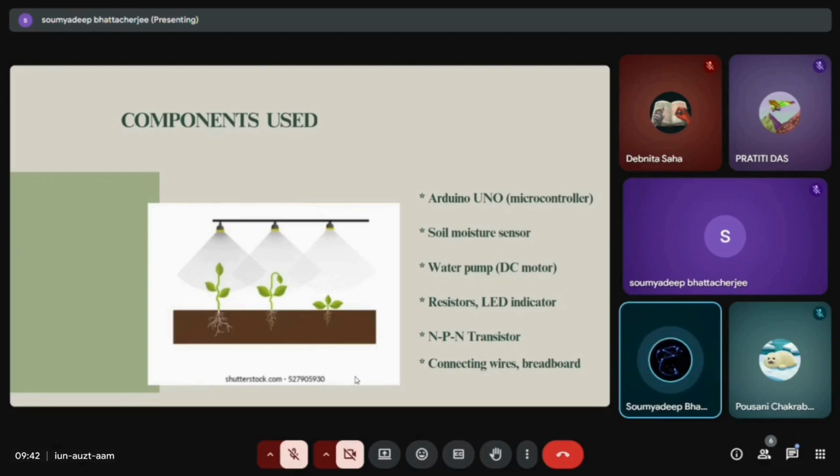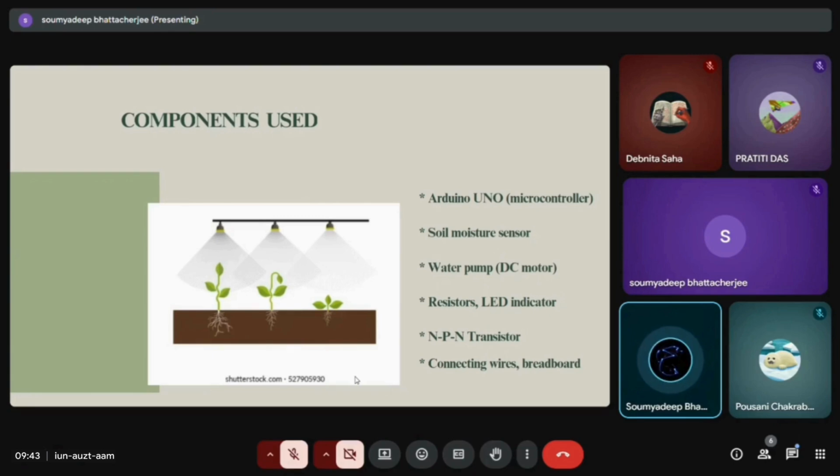Finally, we address the critical interface between the low power Arduino and the high power pump. The Arduino operates on about 5 volts and very little current. The pump requires more power. If we connect the pump directly, we would fry the Arduino. So we use an NPN transistor, acting as a switch.